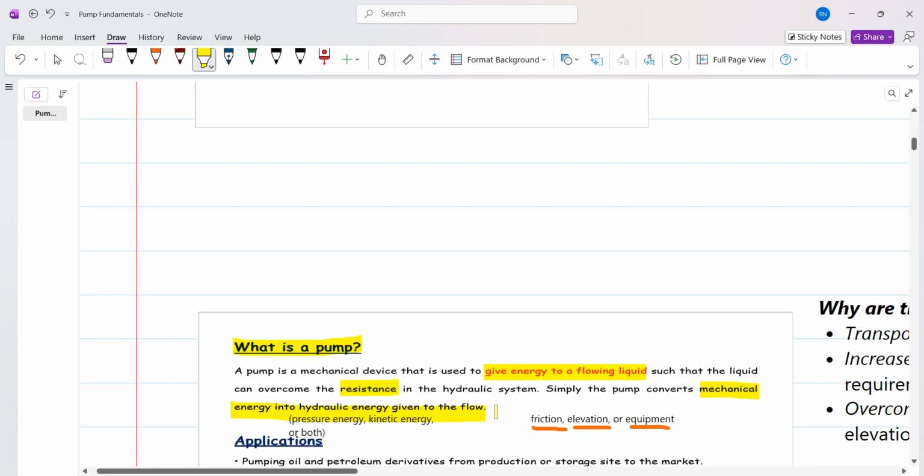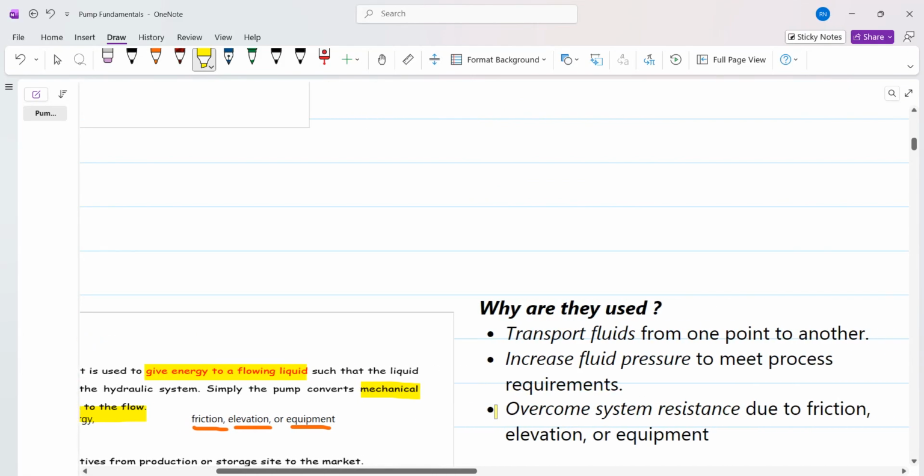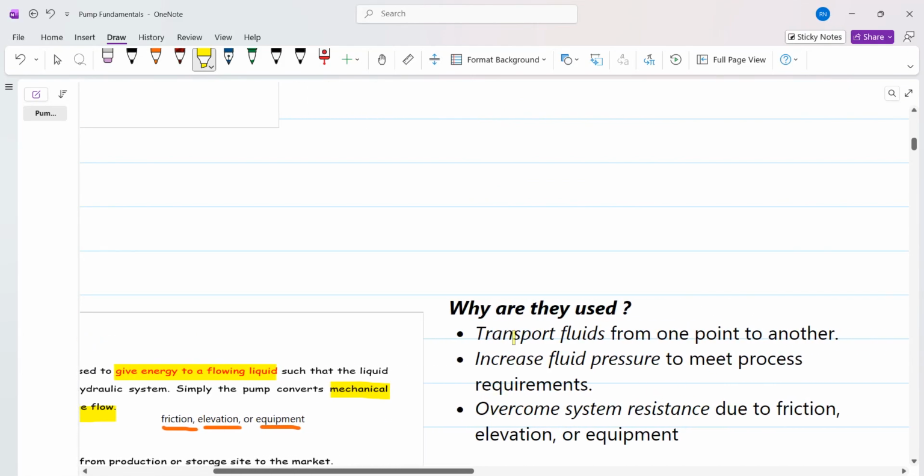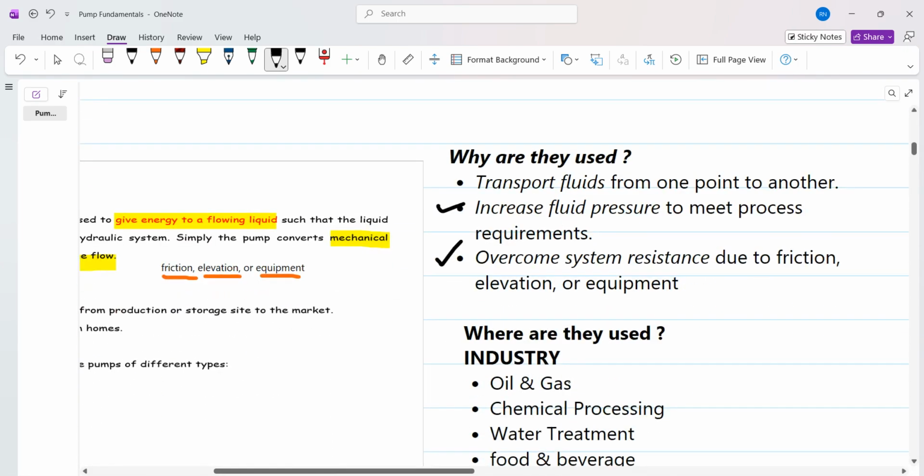So it transports fluid from one point to another point, right? It increases fluid pressure to meet process requirements, to overcome system resistance due to friction, elevation, or equipment.